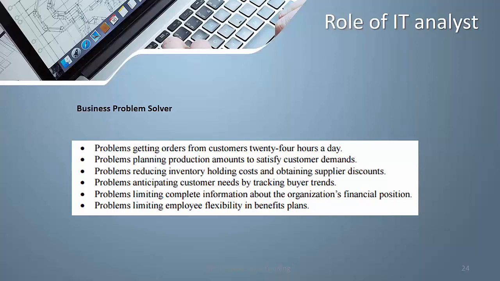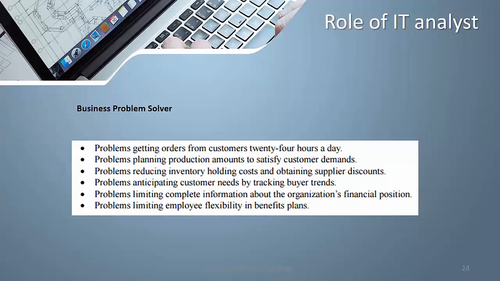So how do you make sure that the demand and supply, the production and the customer demand, are in sync? Okay, so you need software. Ultimately it's all about the software. You need software which will look at the past demand.